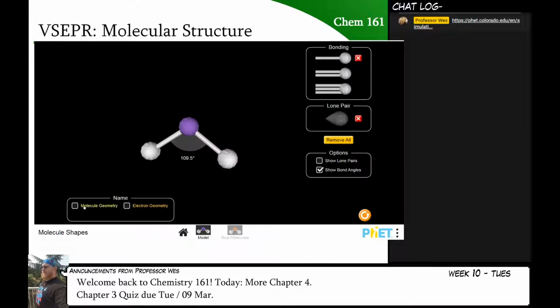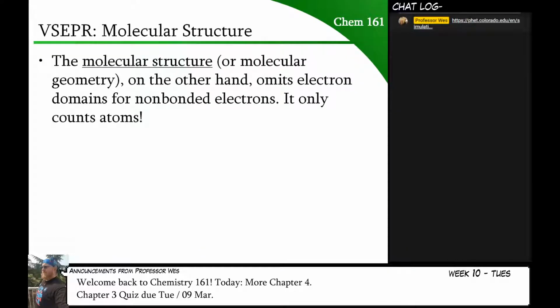Or I call it the molecular geometry because every other source calls it the molecular geometry. And for molecular geometry, you get different terms based on how many electron pairs are present out of the total number of electron domains. So what we're going to do now is we're going to categorize shapes into a second category, which is the molecular structure, or molecular shape, or molecular whatever.